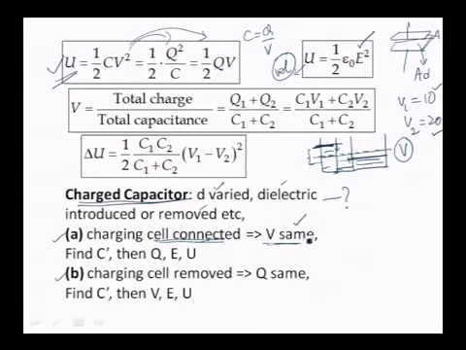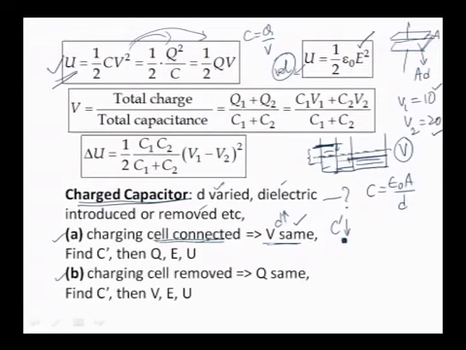So potential is same, and the C dash you have to find based on what is the condition given. So let us say they have given D increased. If D is increased, using the parallel plate equation, C is epsilon naught A by D. If D is increased, C dash, because it is inversely proportional to D, decreases.